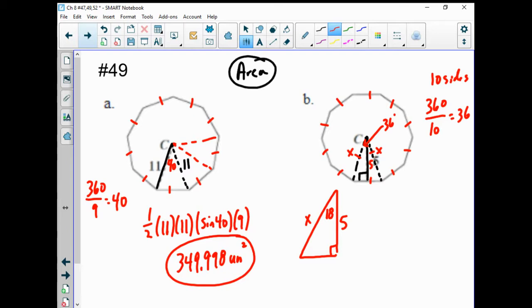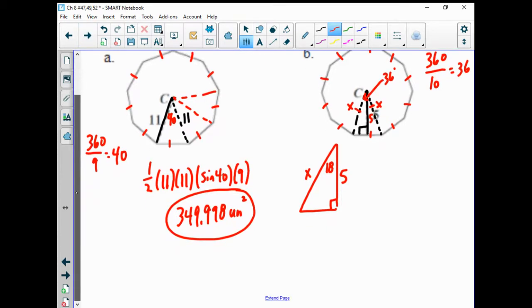So I'm going to use that picture there, and I'm going to see if I can figure out how long that side is. Well, if we look at the picture, I've got the 18 degrees. 5 would be adjacent to that, and x would be the hypotenuse. So anytime we're using adjacent hypotenuse, we know we should be using cosine. So I'm going to do cosine of 18 and say that's really equal to 5 over x.